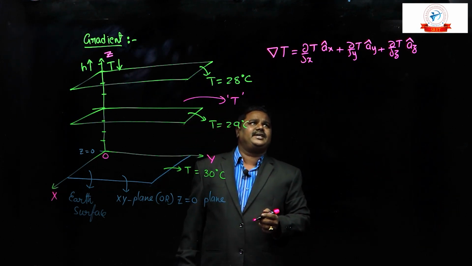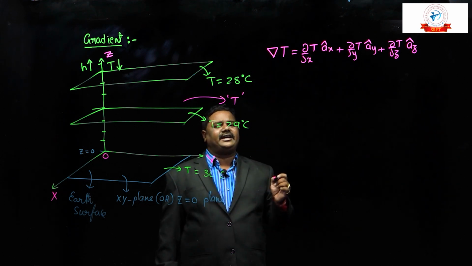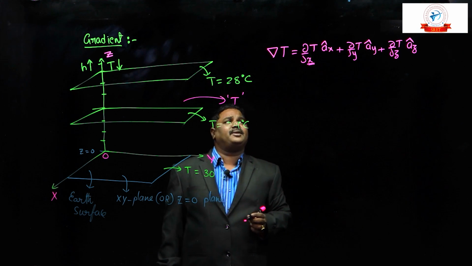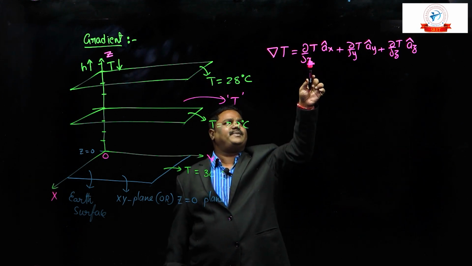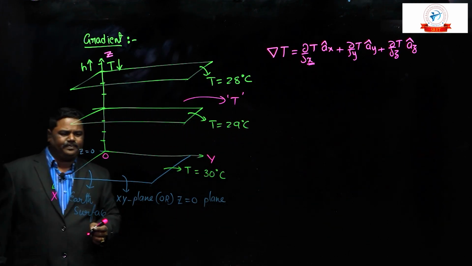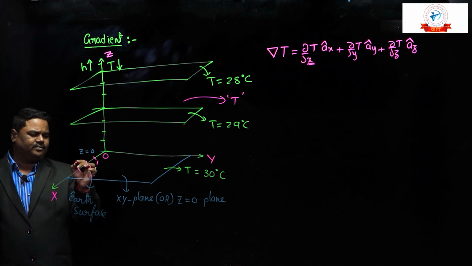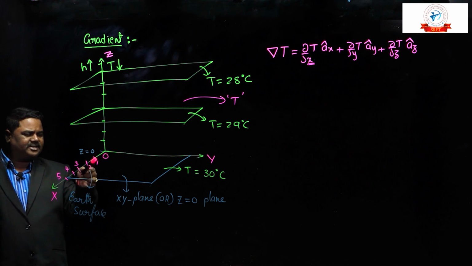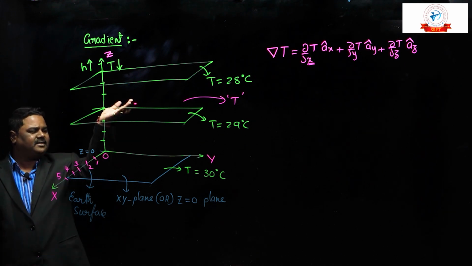Okay. Now, just see here. Dou by dou x of T gives us the rate of change in temperature T with respect to x. That means this explains how temperature T changes with respect to x. Just observe this diagram. Whenever x value is increasing, what is happening to the height from the surface of the earth?